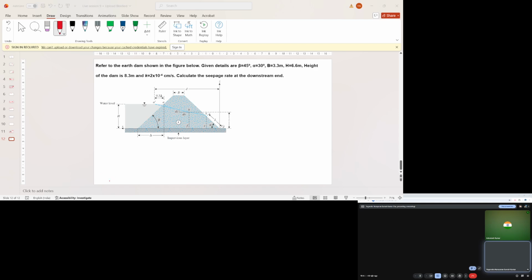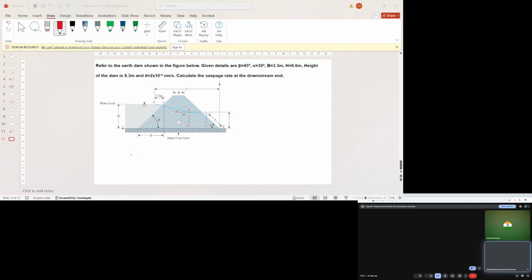Now the last parameter which we don't know is y. How will you calculate y? Let us take tan alpha in this triangle. This is going to be y, and this is going to be total height 8.3.